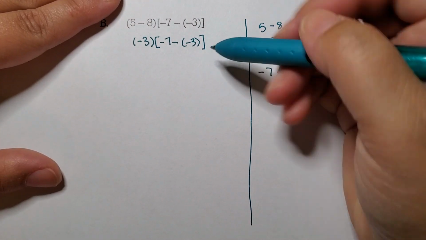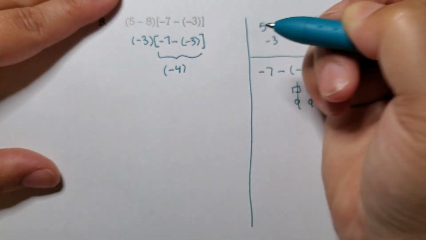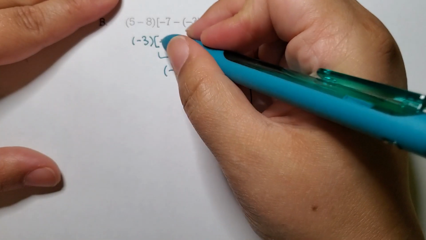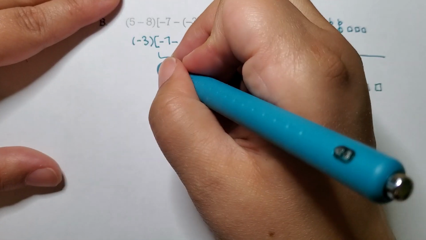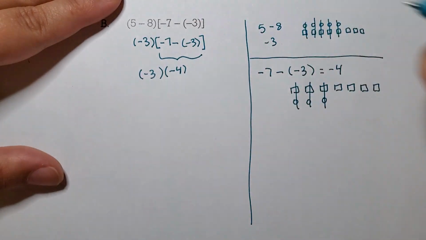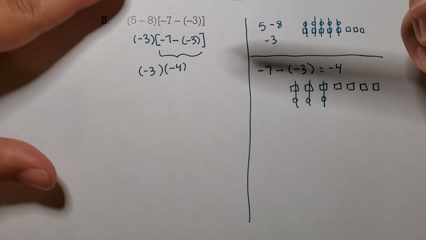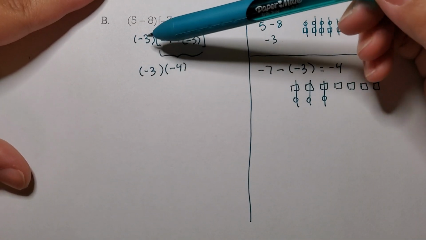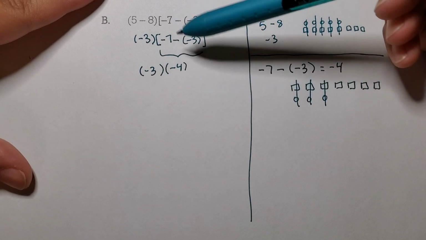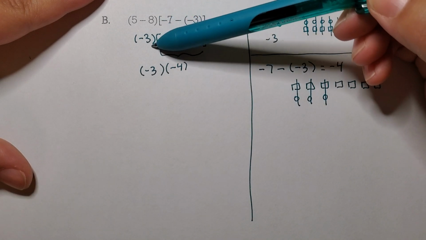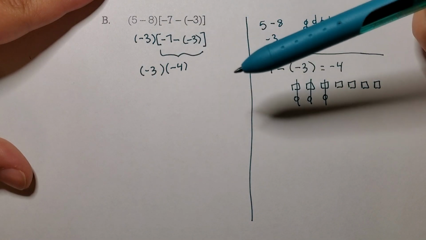So over here in the main problem, this piece is going to turn into a -4. Now you could keep the square brackets, or I just sort of naturally went for parentheses. It doesn't matter. What is important here is that I recognize that I've got multiplication going on between these two sets of brackets, because we had a parentheses and a parentheses with nothing in between.